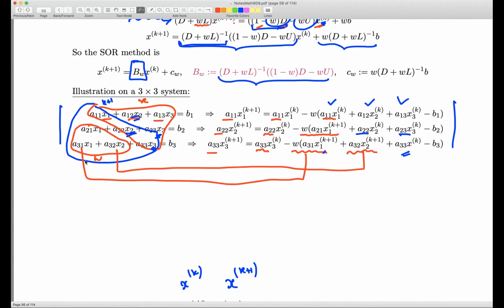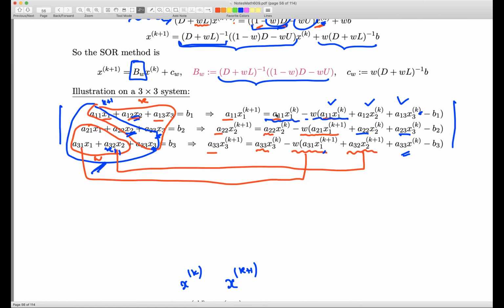Here, when it is below the main diagonal, you will have index k plus 1 multiplied by omega. When you have above the main diagonal, then you will have index k applied, so with the index k here multiplied by omega. And when you're on the main diagonal, then you have here minus omega, minus omega.